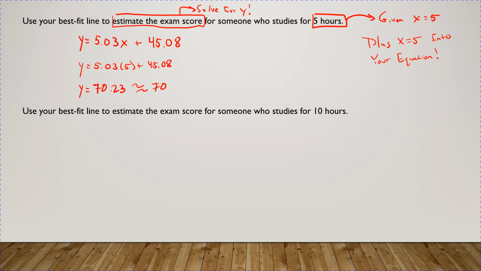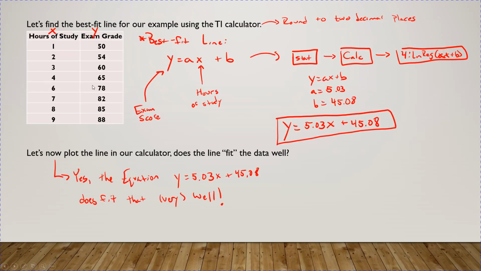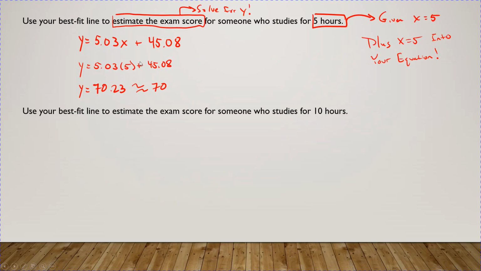And let's see if that makes sense, right? So looking back, 70, oh, wow, look at that. It does fall between 65 and 78, which is what we said we should get, somewhere between there. We know it's going to be closer to the 65 here in this case. So we estimate that for someone who studies for 5 hours will score a 70 on the exam.